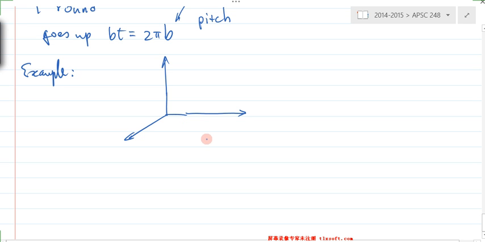Let's say I have a point P here, which is (1, 1, 0). I have another point Q here, (1, 1, 1). The trajectory is from the origin to P, then straight up to Q. That's the trajectory, and this is a curve, suppose the curve C, consisting of two straight lines.